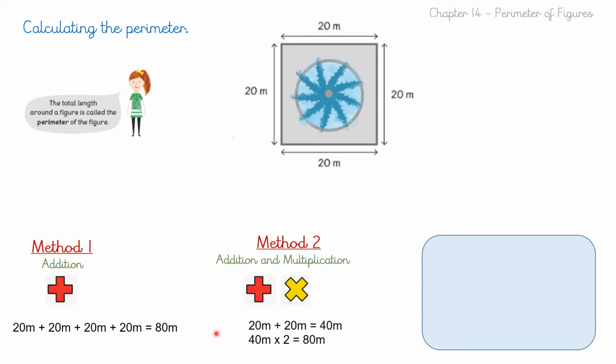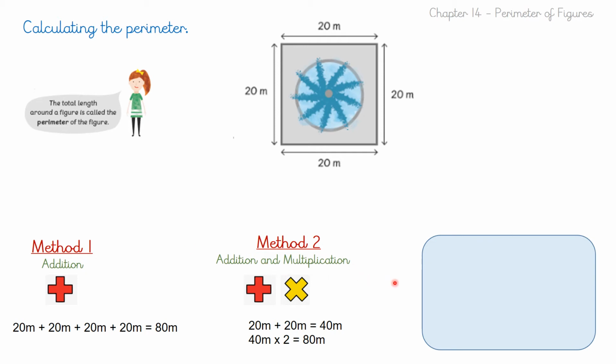In method 2, we did addition and multiplication. So we added up the length of 2 of the sides, 20 meters plus 20 meters equals 40 meters, and then we did 40 meters times 2 equals 80 meters.